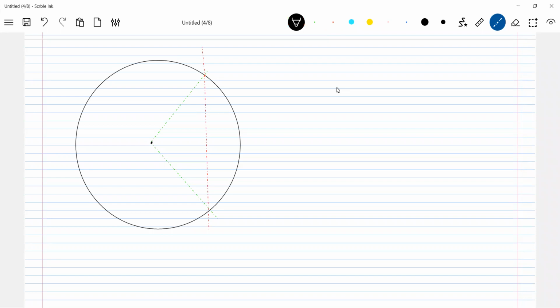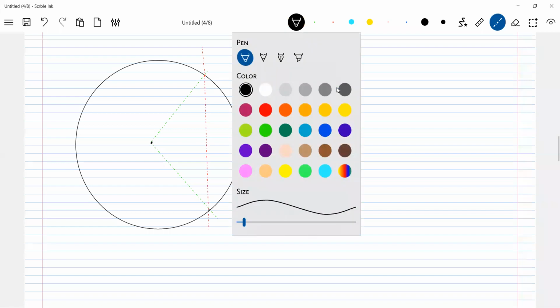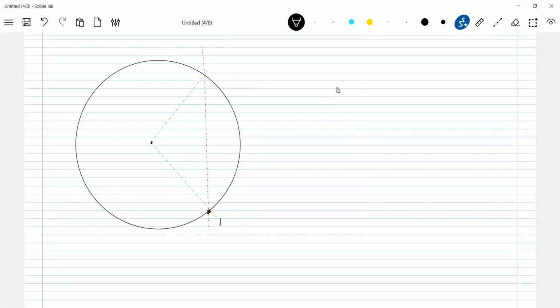Two particles will be taken. So the velocity of particle A is VA, and this is VB. Both are moving on the same circle. So we are going to discuss now the relative motion between them.